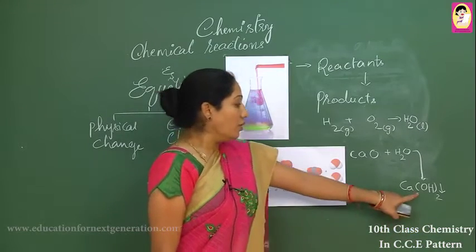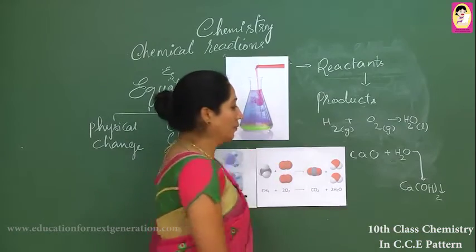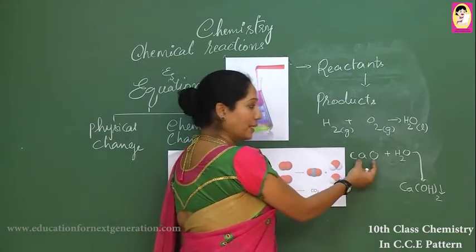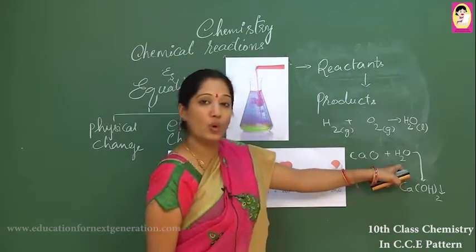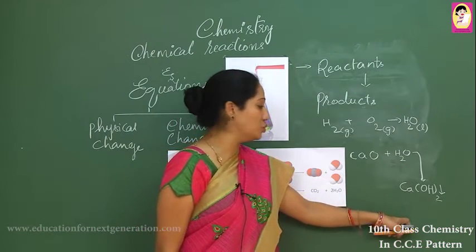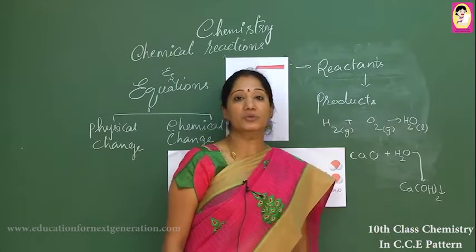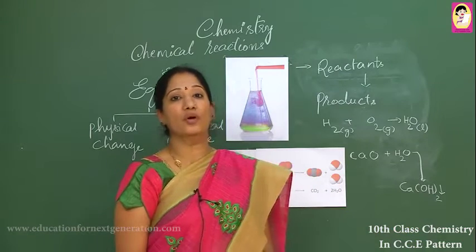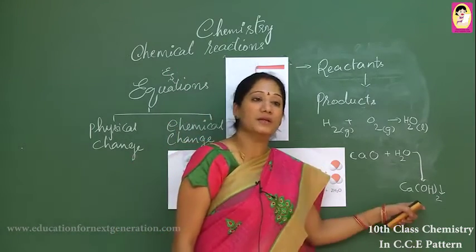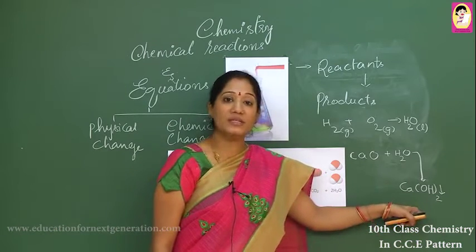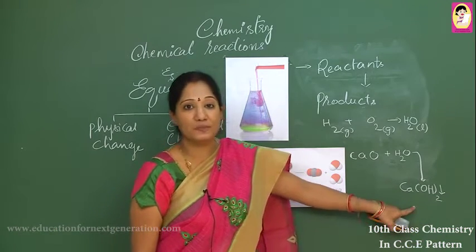Now, what we have observed here is that calcium oxide, that is quicklime, when dissolved in water, gives rise to calcium hydroxide. This calcium hydroxide solution, which is insoluble in water, is used for whitewash purposes.